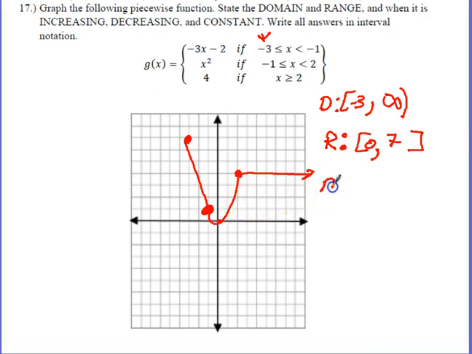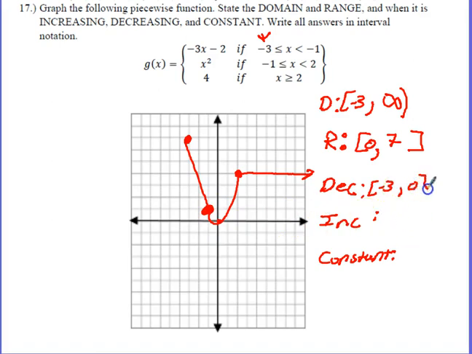So now we've got to figure out, okay, when is this function decreasing? When is it increasing? And when is it constant? And again, for these, we're going to use our x values. So it starts off decreasing at negative 3 and continues. It's still decreasing for the first part of this function all the way down to the vertex.